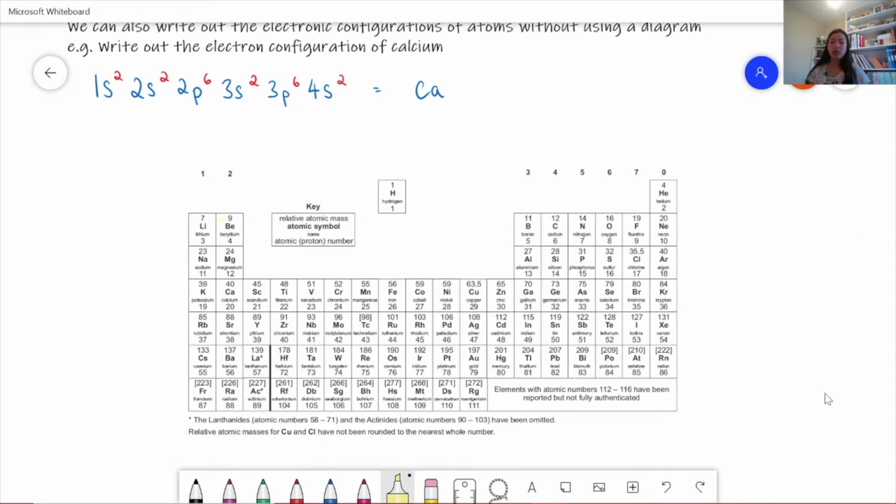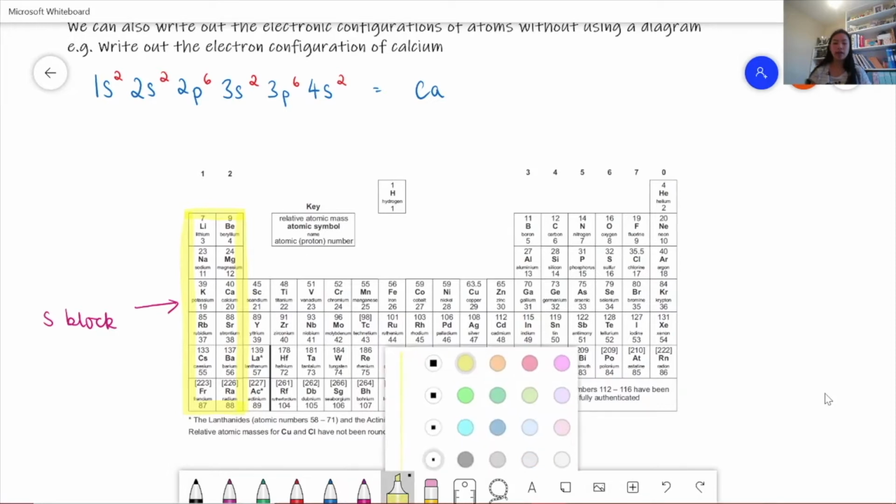So if we look at this block here on the left, and if I split it off like this and draw it into a rectangle, this block is what we call the S block. And what that means is just that the outer electrons are in an s orbital.